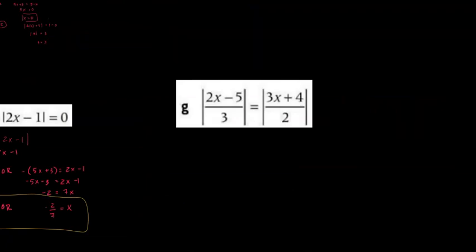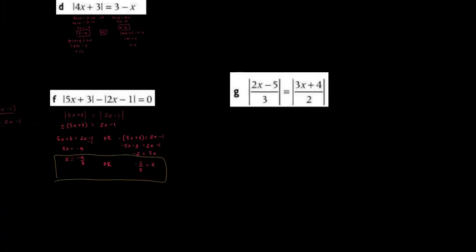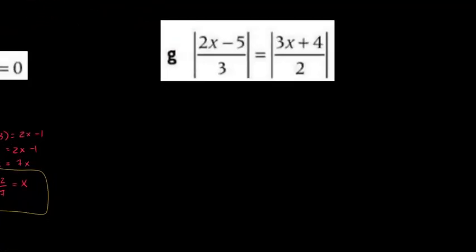I forgot one in the video. Where's my pen? There it is. Okay, let's go ahead and solve this. Okay, I'm just going to take the plus or minus of one side. It's going to be 2x minus 5 over 3 equals 3x plus 4 over 2.